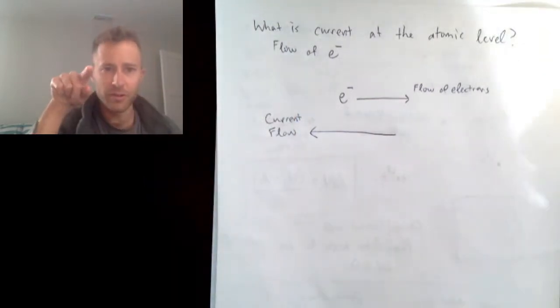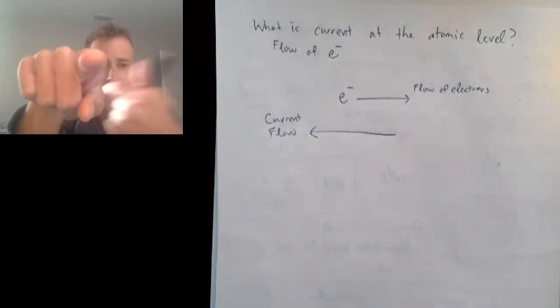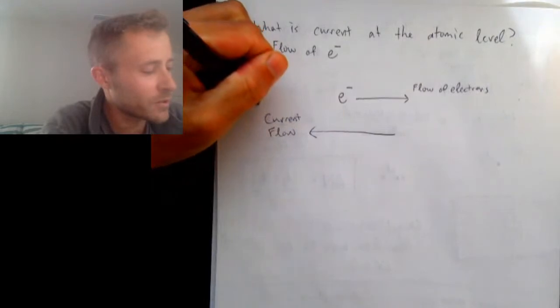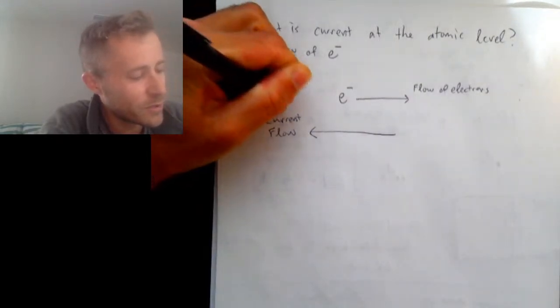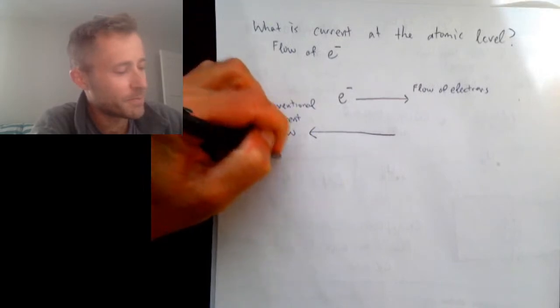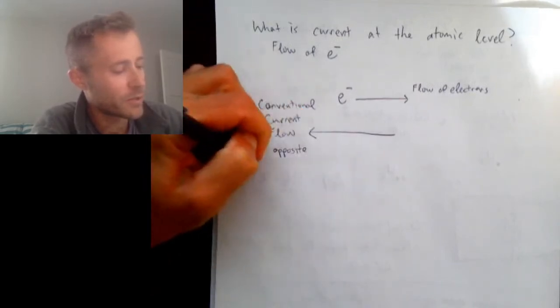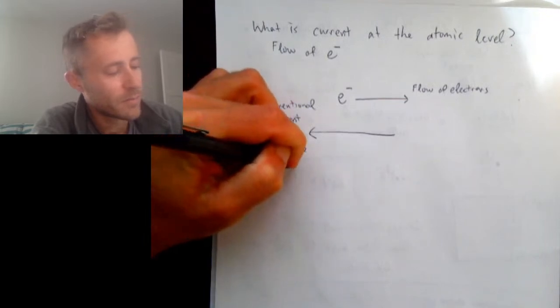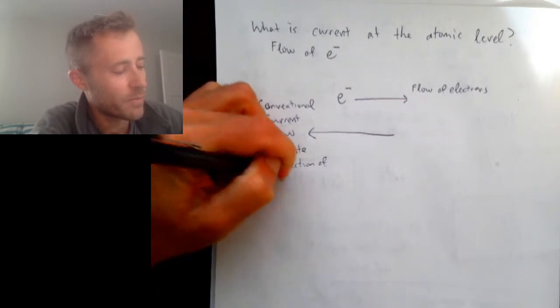So if I say the current is going towards the camera, then that means that the electrons are actually moving in the opposite direction. So this is called the conventional current flow is opposite the direction of electron flow.